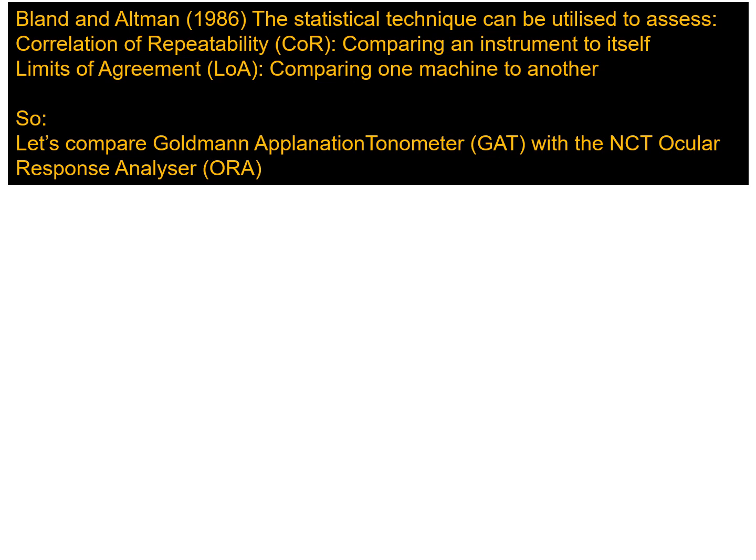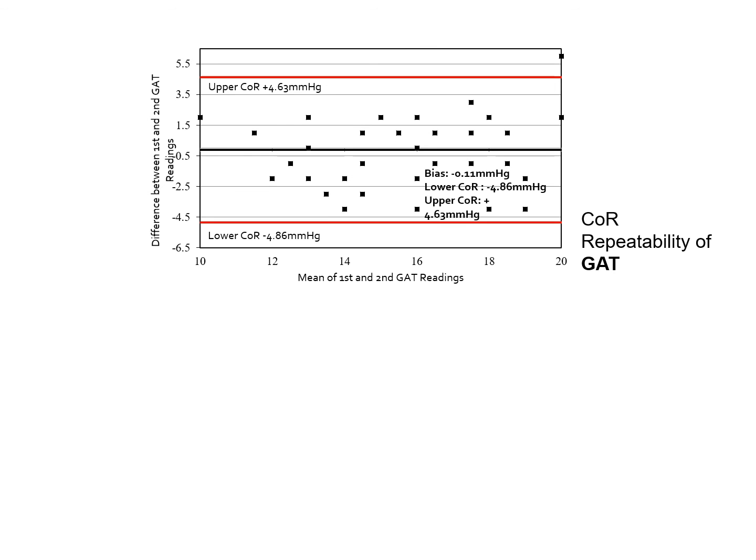So let's compare, for this exercise, GAT with a particular NCT, the Ocular Response Analyzer. When we repeat GAT, we get a spread. We get a bias of minus 0.11, which is kind of insignificant anyway, isn't it? It agrees with itself.